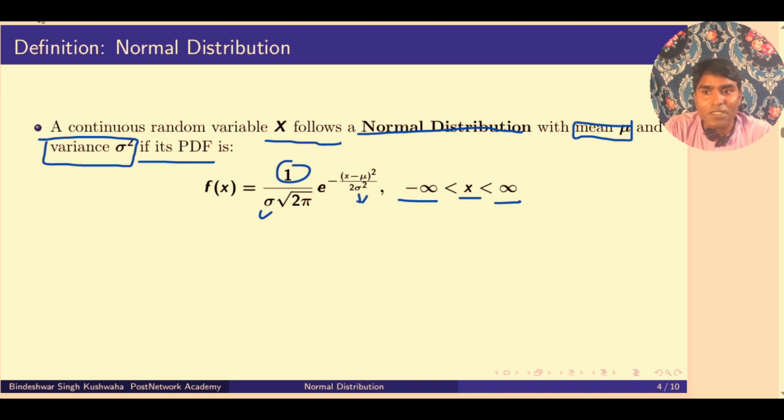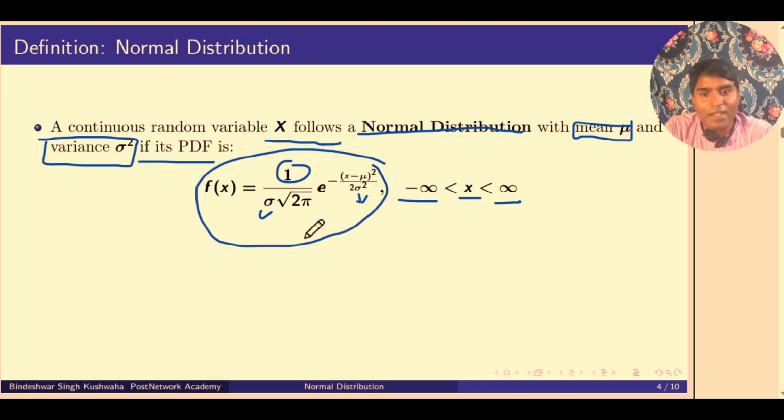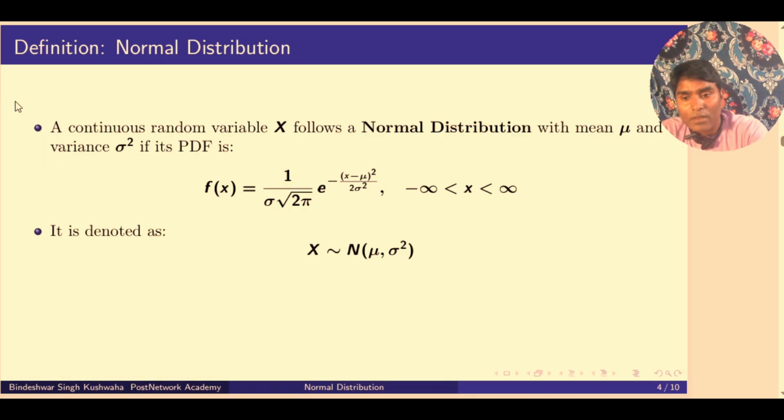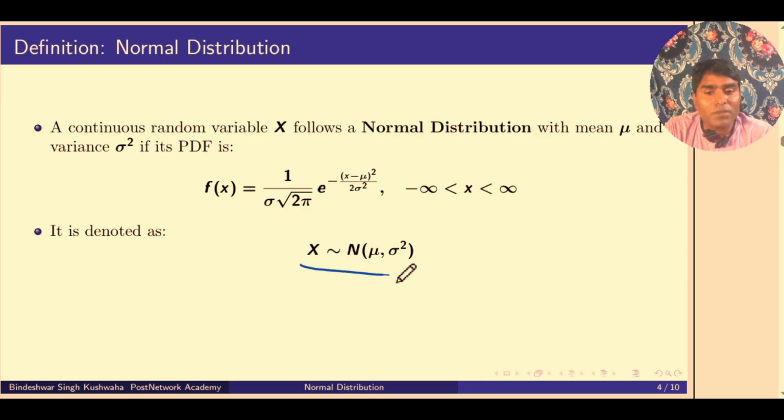This formula or probability density function you must know, not remember, but you must know each part. And basically it is denoted as x following normal distribution with parameters mu and sigma square, means mean and variance.